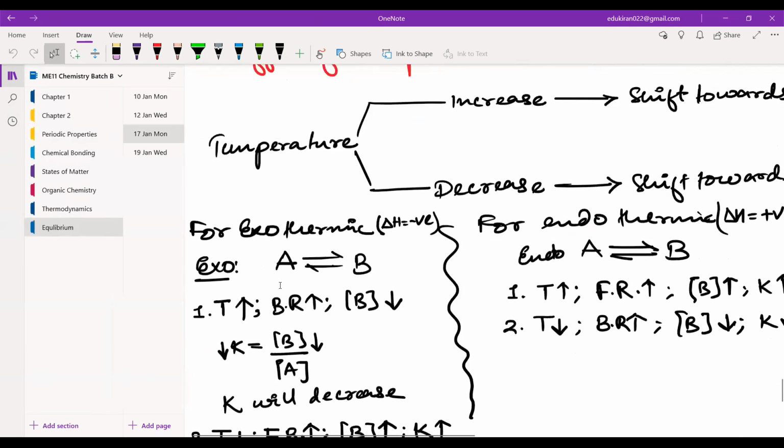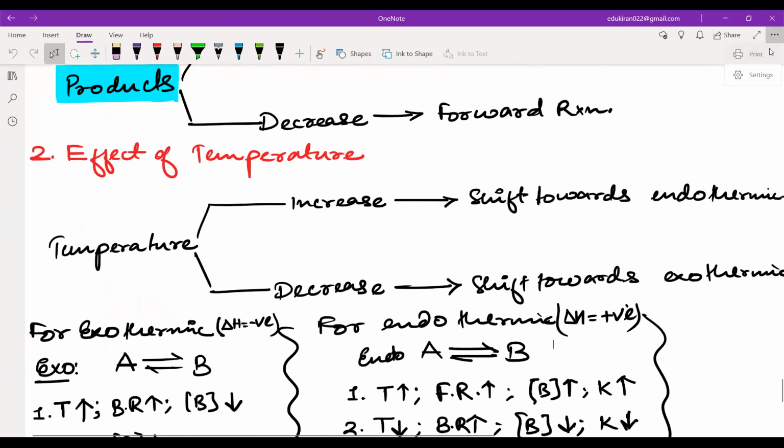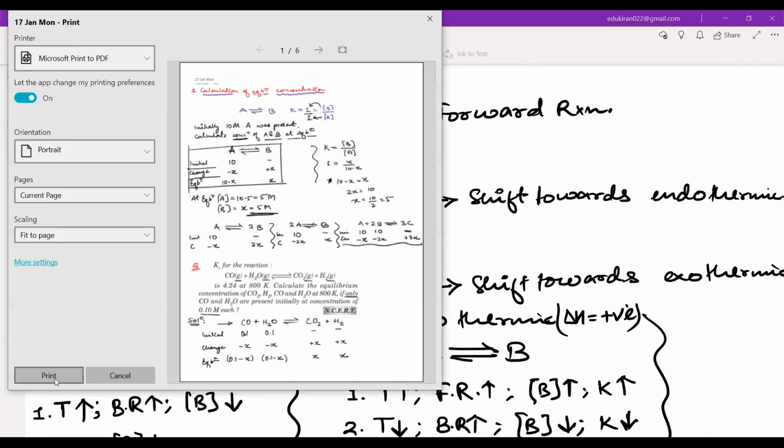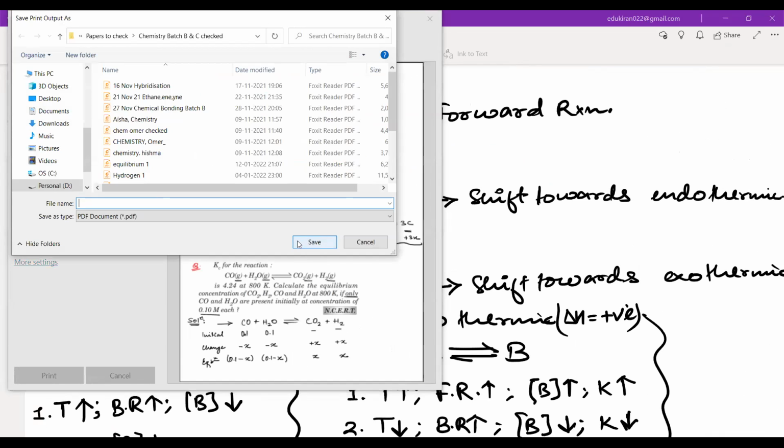Note. You want notes? Okay, sorry. Okay, this will be what? Equilibrium. I don't know which part this will be. What was the date? It was Monday, 17 Jan.